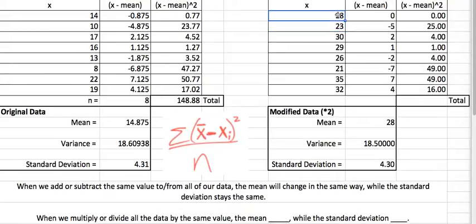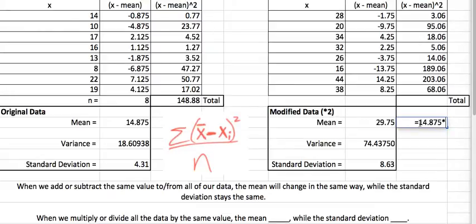So here instead of adding 13 to everything, I'm going to simply multiply all of my data by 2. Okay, so my new mean is 29.75, and what do you know? If I take 14.875 and I multiply that by 2, I got 29.75.